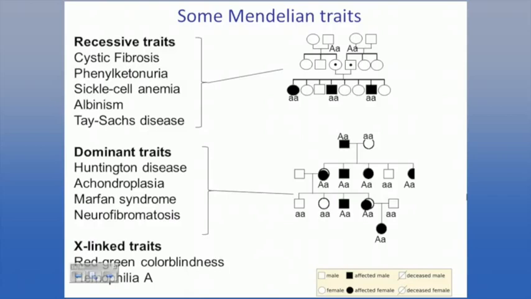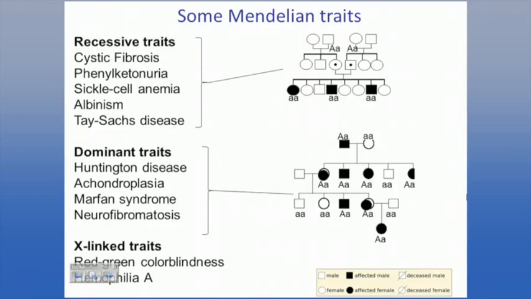Phenylketonuria is an inability to properly metabolize phenylalanine; these people have to go on a severely restricted diet. Sickle cell anemia, albinism. These are all fairly severe diseases, and the characteristic of recessive traits is the at-risk mating.